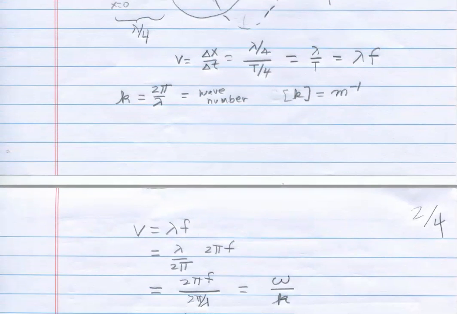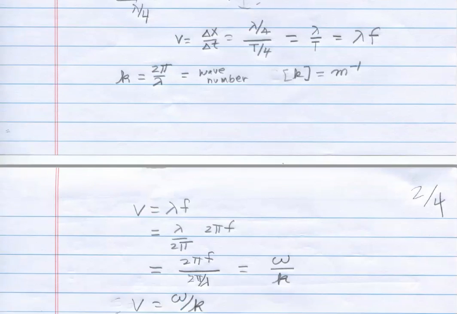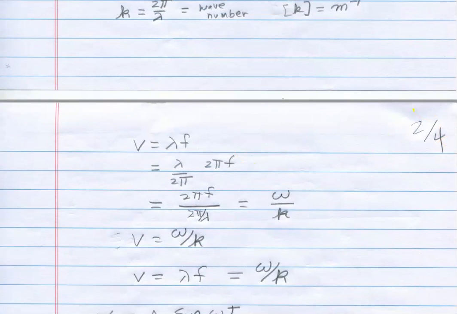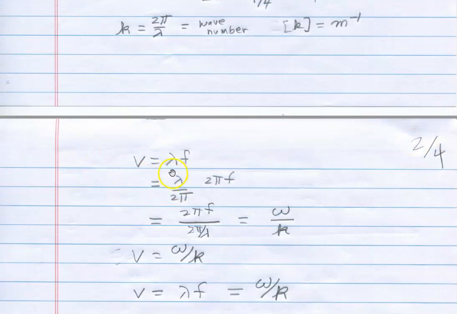And sometimes people like to express things in terms of that and the angular frequency. They do that by simply multiplying by 2 pi and dividing by 2 pi, so that I can replace this 2 pi times the frequency by omega on top. And if I bring this down to the bottom, lambda over 2 pi is the same as 1 over 2 pi divided by lambda.